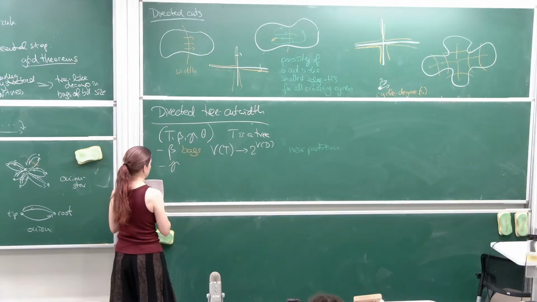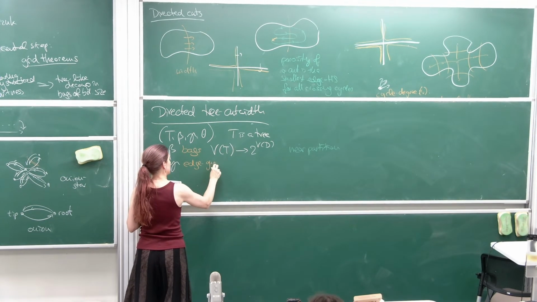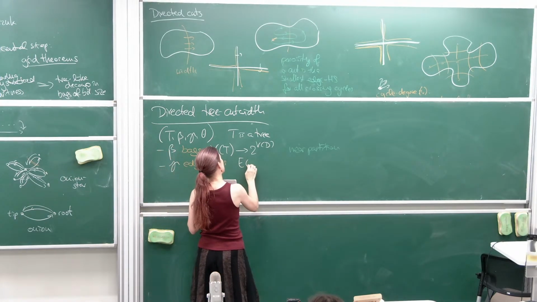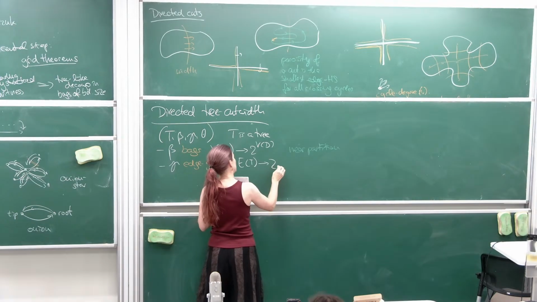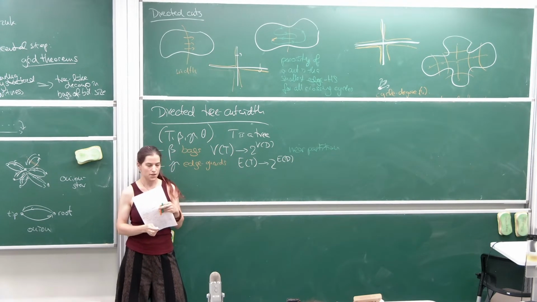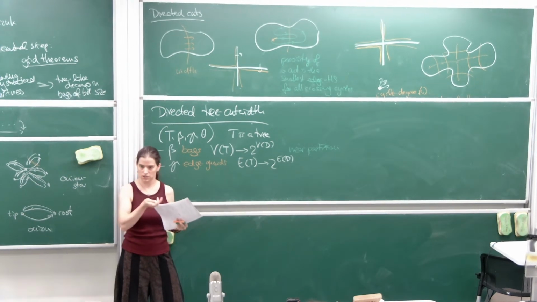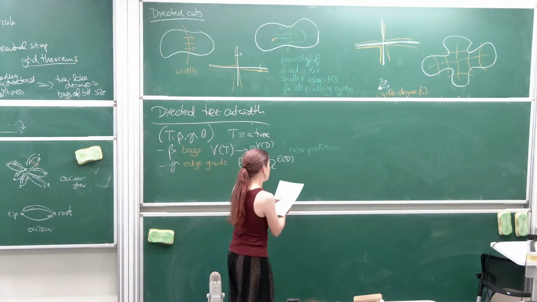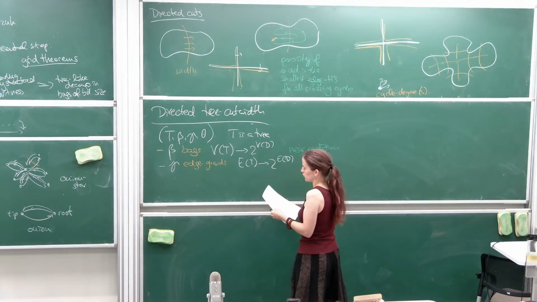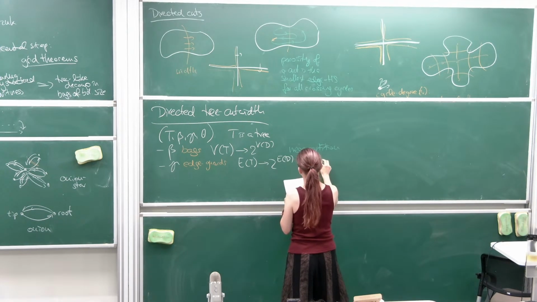We have gamma. Gamma are what we call edge guards. They map every edge of the tree to a set of edges in D, and they're similar to what guards are in directed treewidth, just now as an edge set. And these witness that the cuts have small porosity, so they hit all crossing cycles.